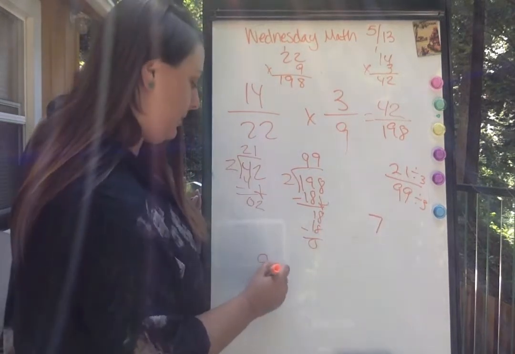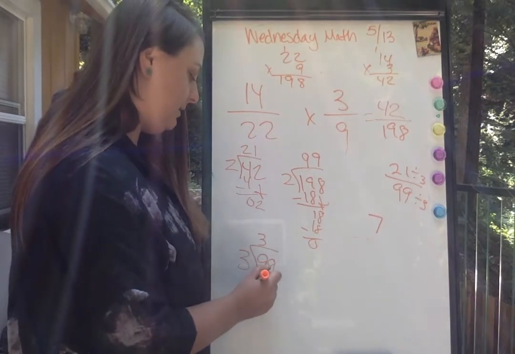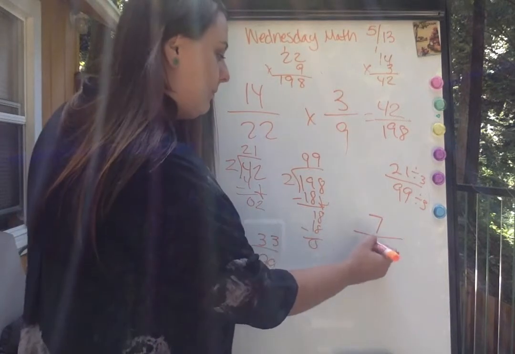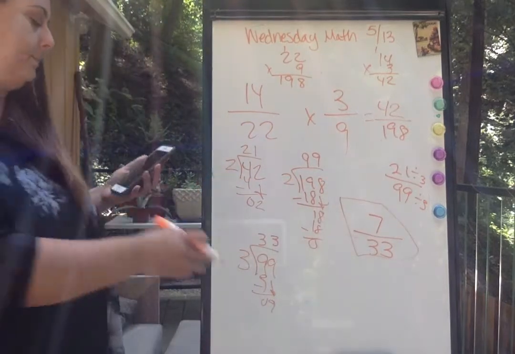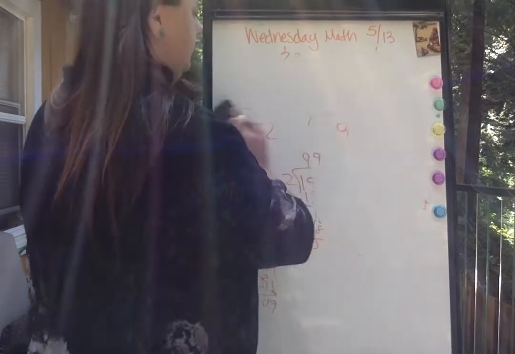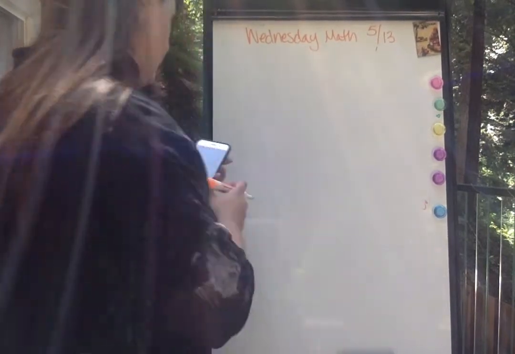And then you can work out the 99. 3 goes into 9 3 times. And 3. 7/33. Okay, next one.